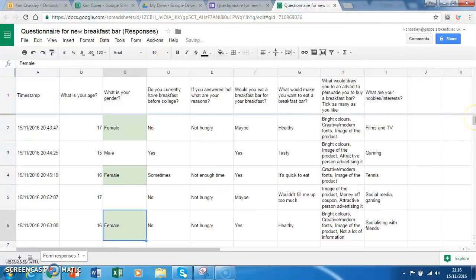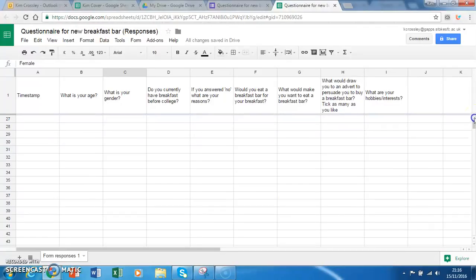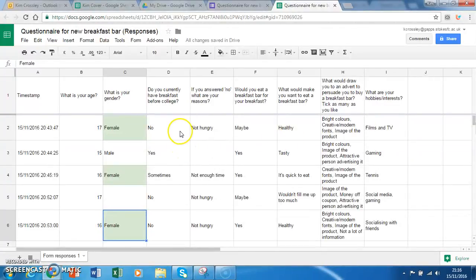Okay, so 3 females have answered, and they are saying that no, they don't eat breakfast, or sometimes, or no. Now, that's what we call identifying a pattern, and this is something that we can talk about when we go into our presentation to start analysing our data. We could also look at, would you eat a breakfast bar for breakfast?